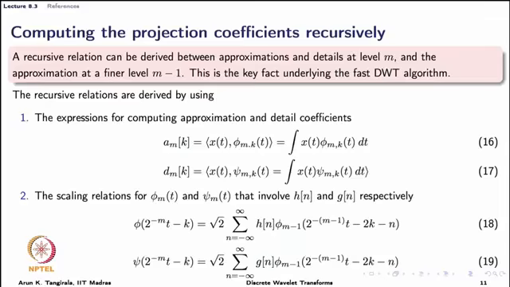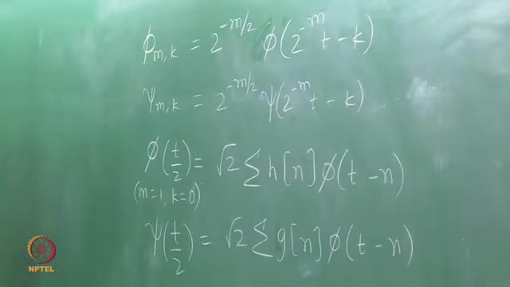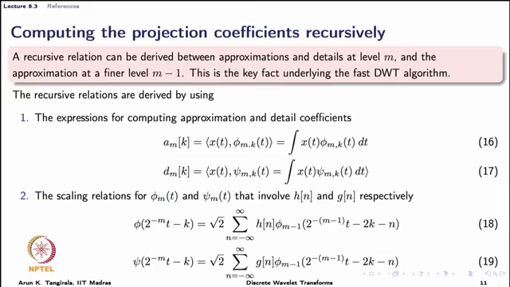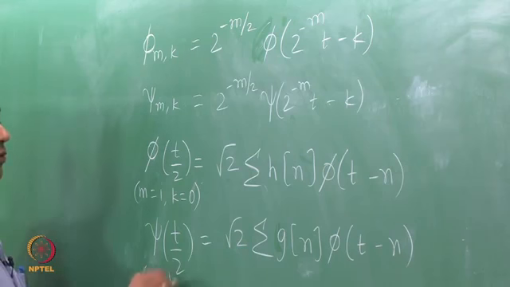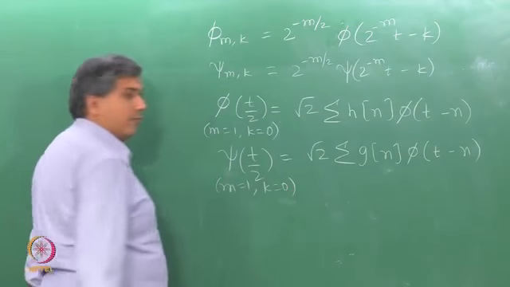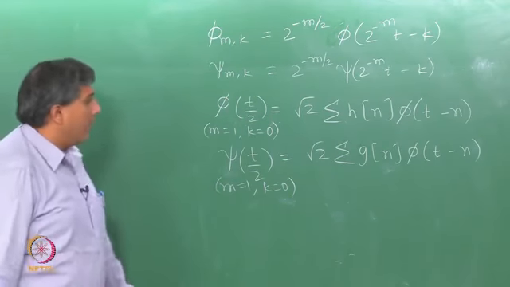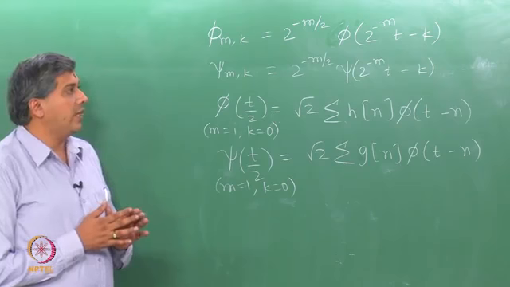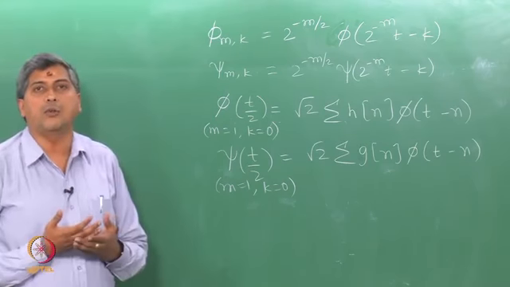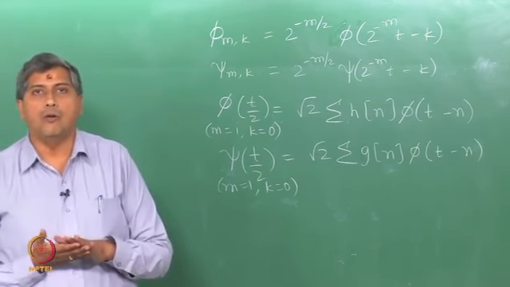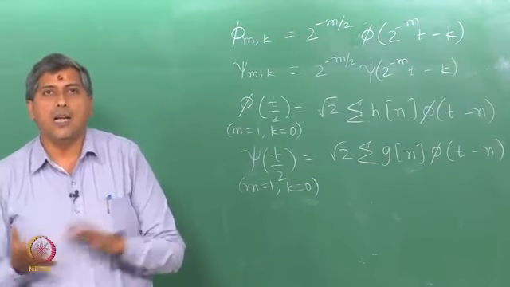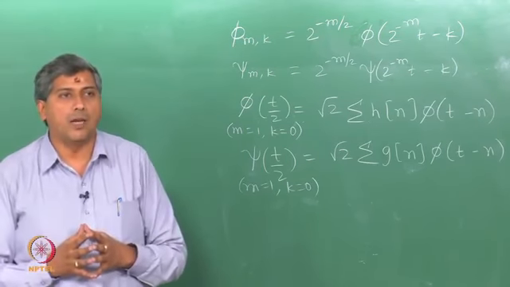But as you can see, the relation that you have in 19 gives you this when you evaluate it at m equals 1 and k equals 0. All right. So, the set of equations that I have for the approximation coefficients and the detail coefficients and the scaling relations put together will give me the recursive relation, right.